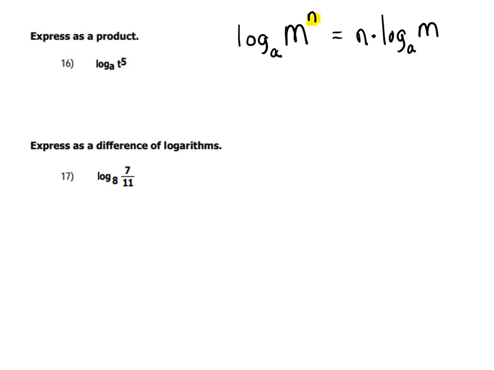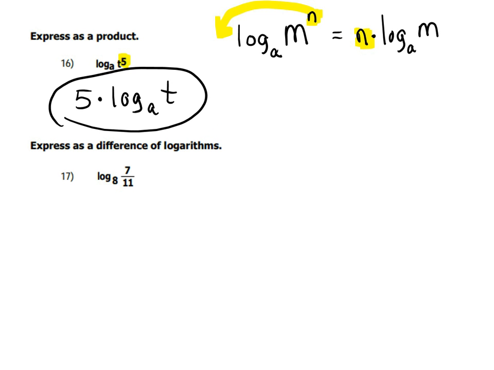You literally take this exponent and it goes out in front and gets multiplied onto the logarithm. Because really it's an exponent raised to an exponent, which the power to the power rule is multiplication. So I'm going to take my 5 right here, and it's going to go out in front, and this becomes 5 times the log base A of t.